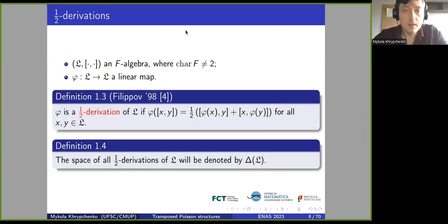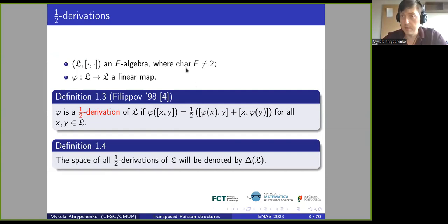Well, a related concept, very important in the description of transposed Poisson structures, is the concept of a half derivation. Given an algebra, not necessarily a Lie algebra, in fact, over a field of characteristic different from 2, a linear map is a half derivation if it satisfies a Leibniz law with this coefficient 1/2 on the right-hand side.